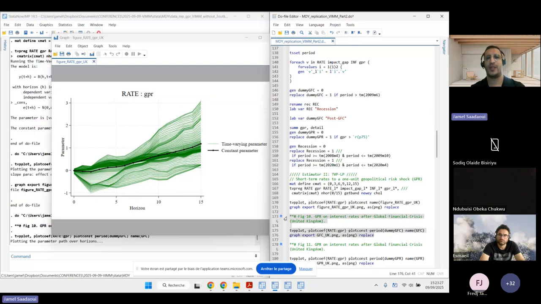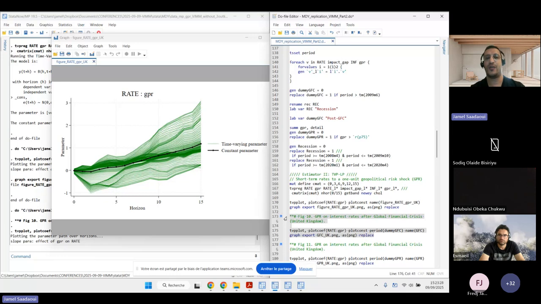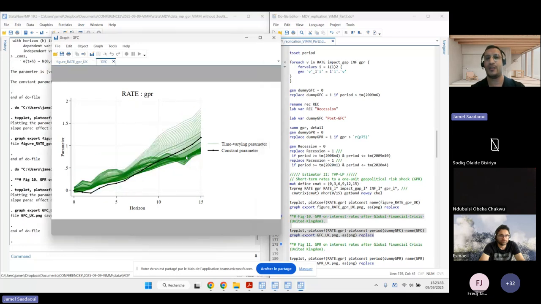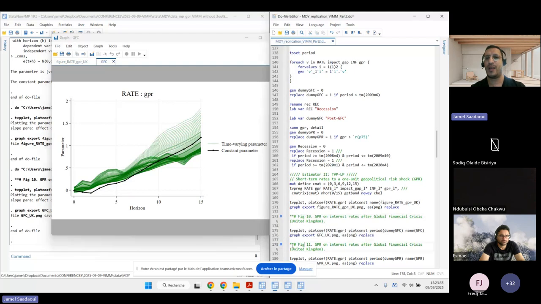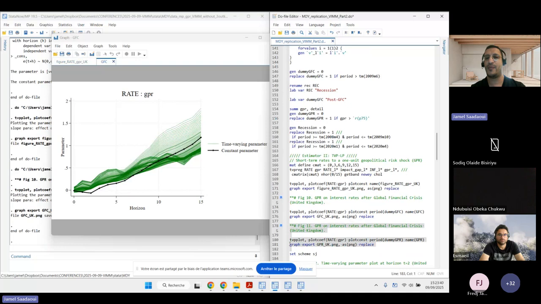And in fact, you will see that after the GFC, the reaction of the central bank is much stronger. And to answer a bit of a question of Reg at the beginning, what about if we have a big geopolitical risk shock? We have created a dummy for a big geopolitical risk shock.